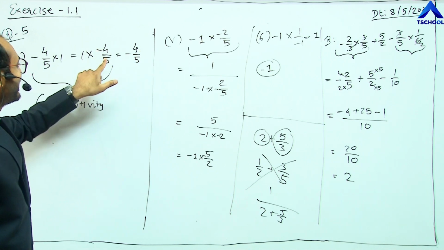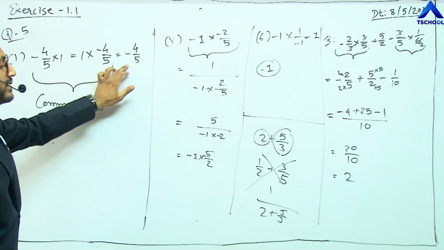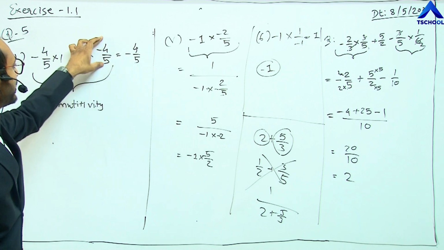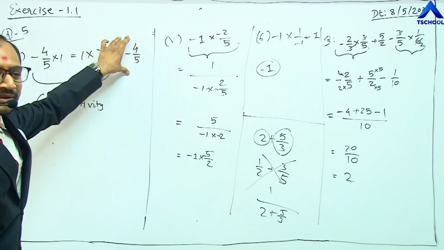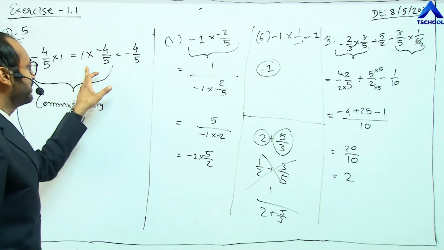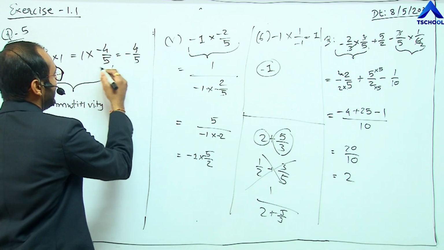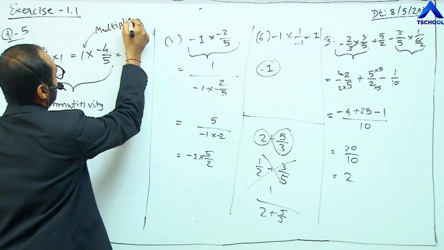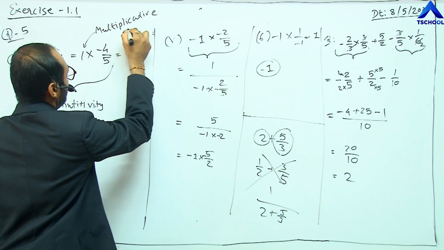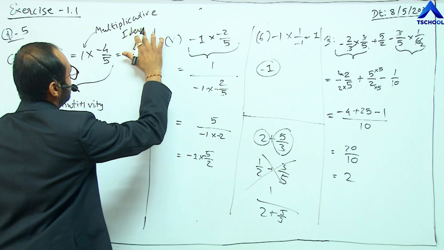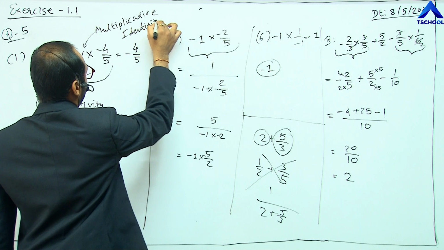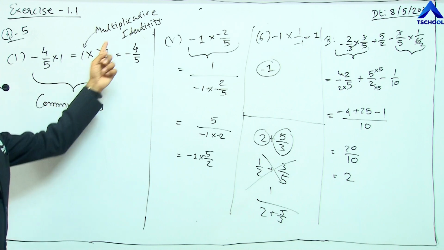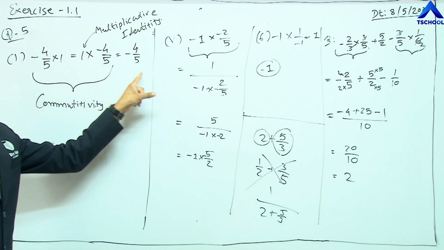That means the result is the multiplicative identity, because multiplying a number with 1 gives the same number. That means we are multiplying the number with the multiplicative identity. So 1 is the multiplicative identity. Clear? So here we used two laws to write this term.